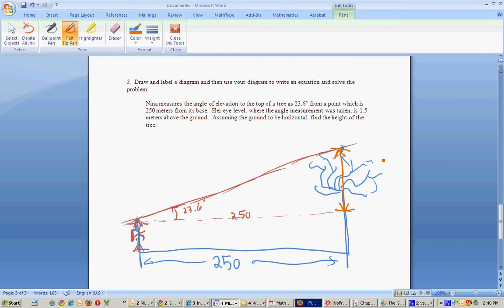And it seems pretty reasonable to find this orange height because we have a triangle, we have an adjacent side, we are interested in an opposite side, and we have an angle measurement. So we could say that the tangent of 23.6 degrees equals h over 250, so that h is 250 times the tangent of 23.6 degrees.